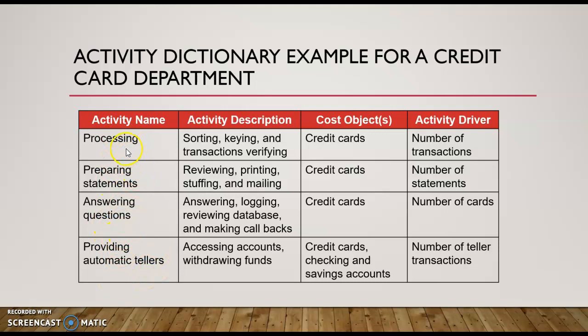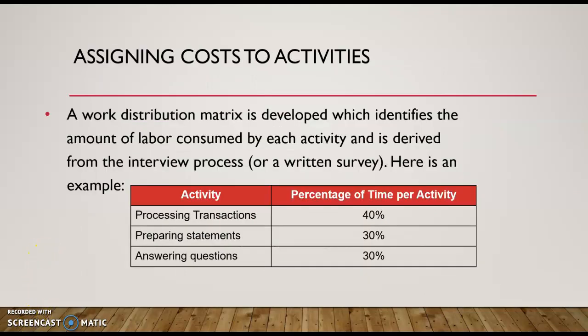Okay, but they're going to figure out what activities there are, what types of functions are done within those activities, what is the cost object, and what is the activity driver. Then they can figure out the total cost for each of these activities, the total amount of driver for each of that activity, and then they can come up with an activity-based rate.